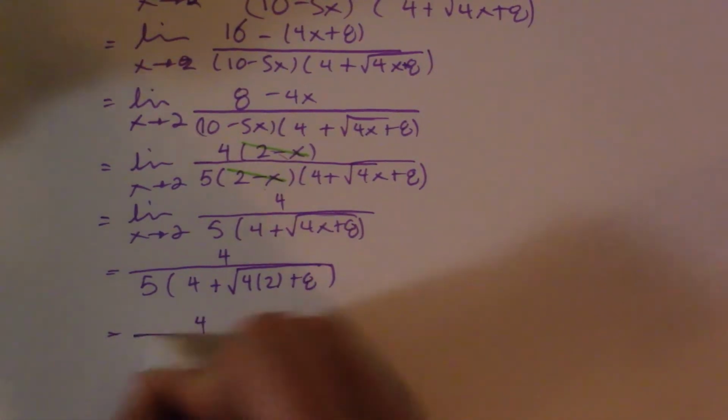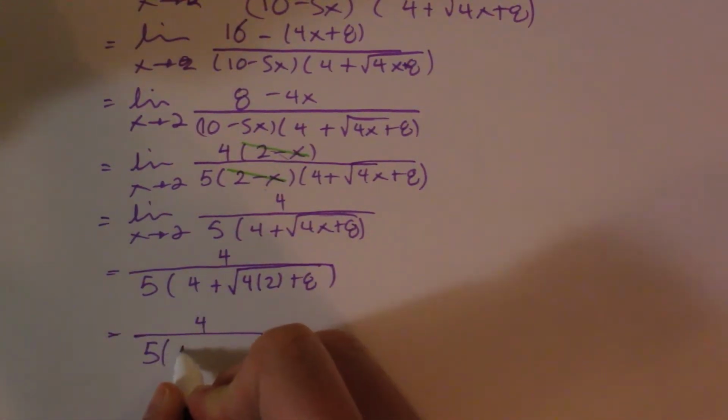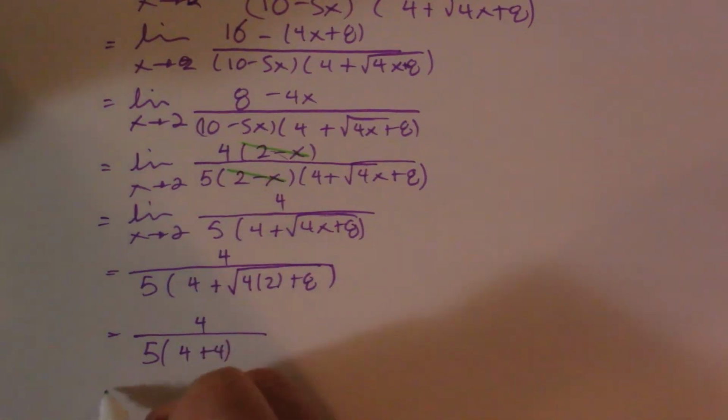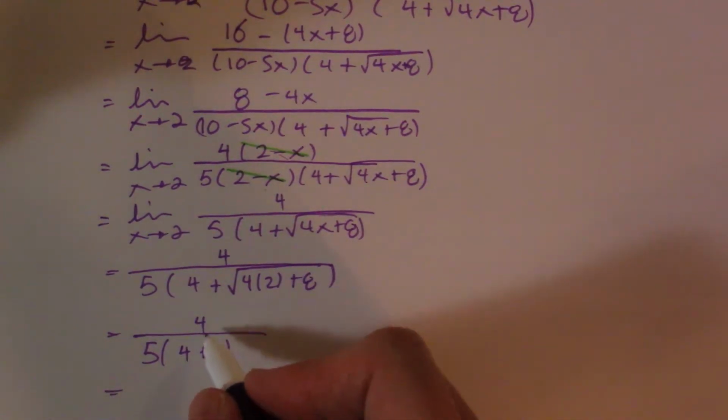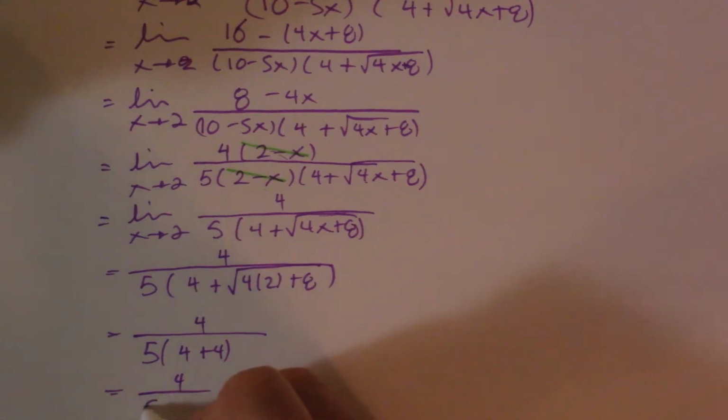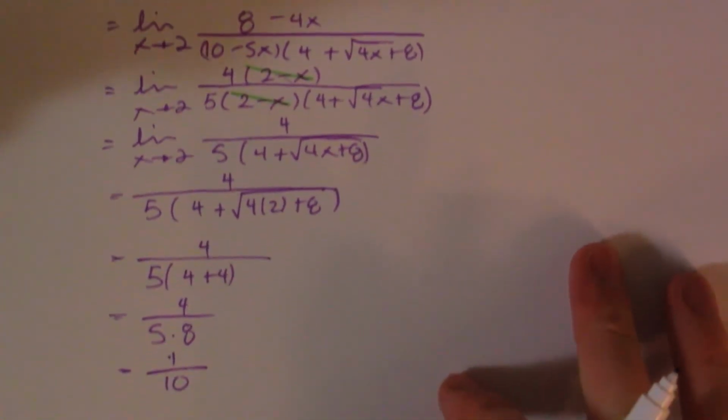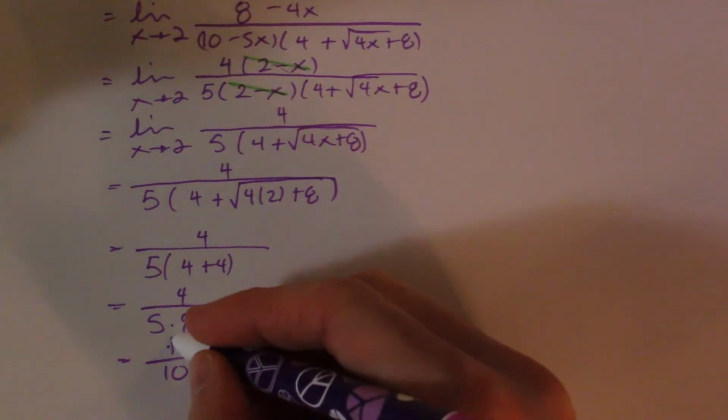So I get 4 all over 5 times 4 plus 4, so that's going to be times 8. I can reduce this down a little bit, dividing both of these by 4, so 1 over 10. That's what I end up with there. So there's my limit, 1 over 10.